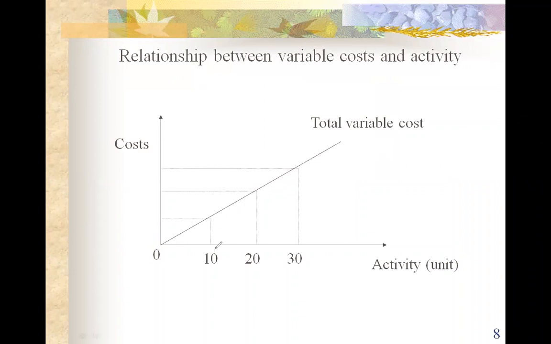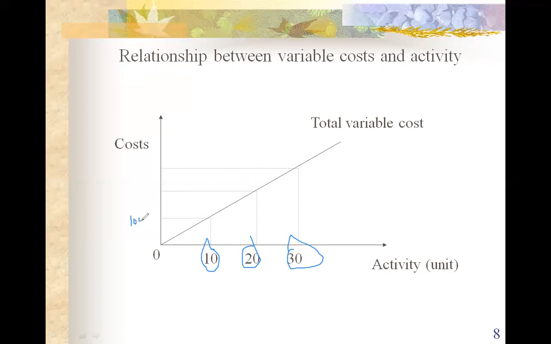Here you see there is a 10 unit, and there is a 20 unit, there is a 30 unit. Okay, for example, per unit production cost is 100 taka. So for the 10 unit production cost will be how much? 10 into 100, that means it will be 1,000.